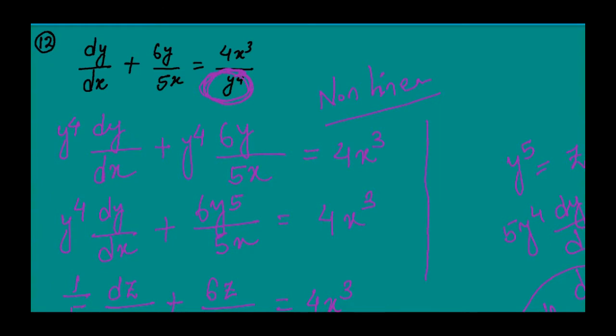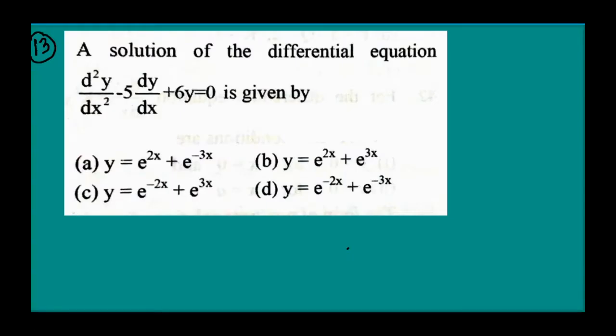So next question, question number 13: a solution of the differential equation d square y by dx square minus 5 dy by dx plus 6y is equal to 0 is given by. From where is this coming? This is coming from the second order or higher order differential equation.